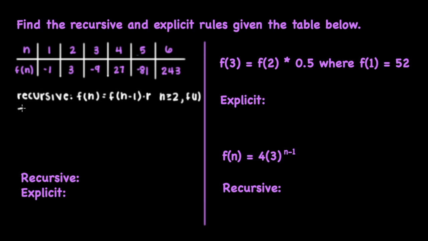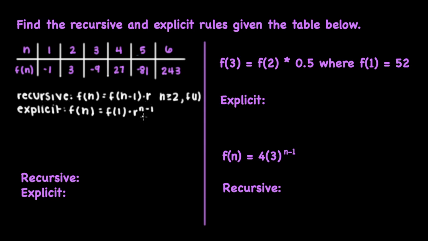Now, the general explicit rule for a geometric sequence is f of n is equal to f of 1 times r to the n minus 1 power.